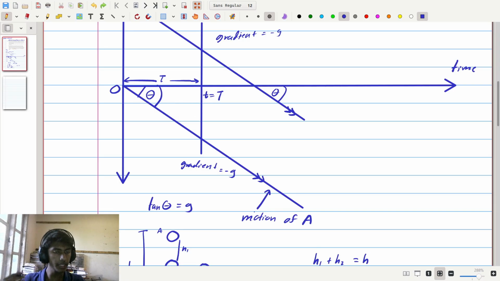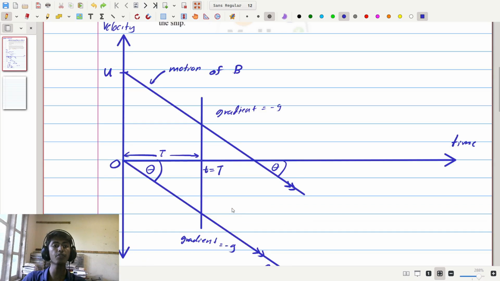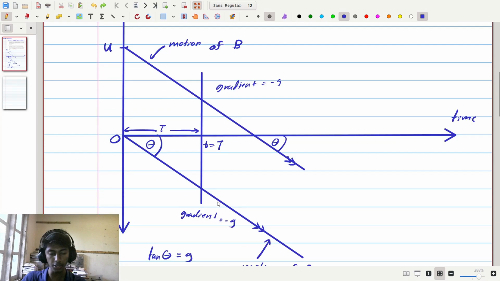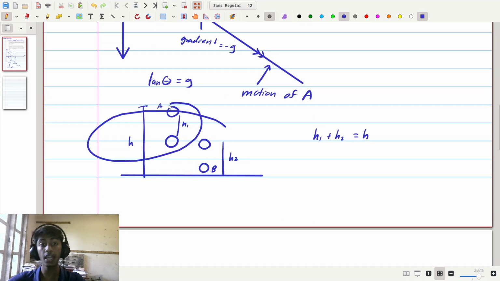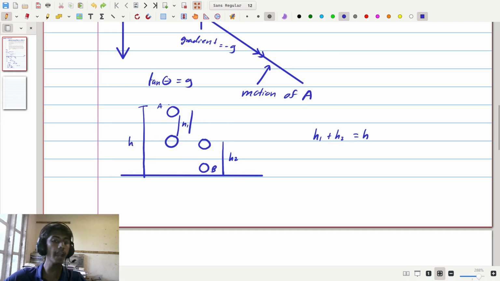Now the meaning of negative area is that if we consider the vertical upward direction as positive, the displacement that we have here is negative, or it is in the vertical downward direction. And if we take a look at our diagram here, we can see that must be the case, since A starts from the top and goes vertically downward, and therefore h1 is anyway going to be a downward displacement.